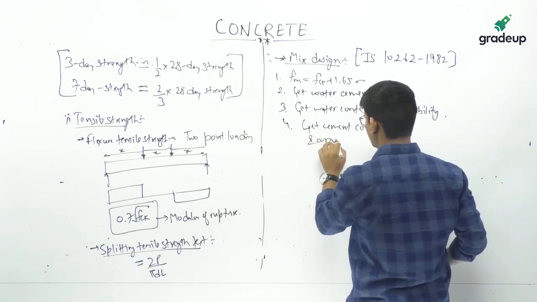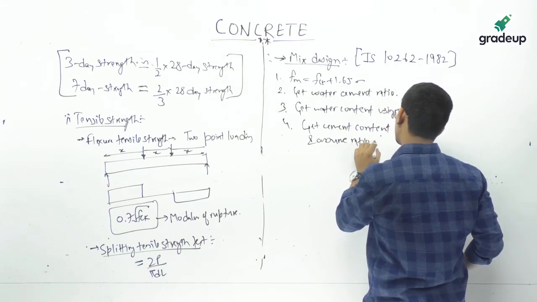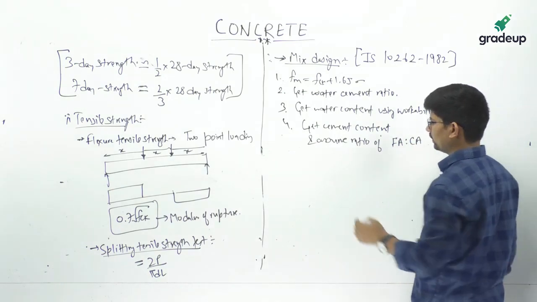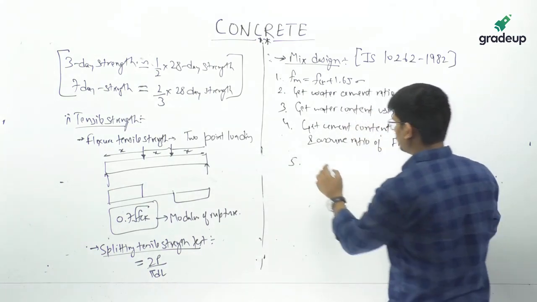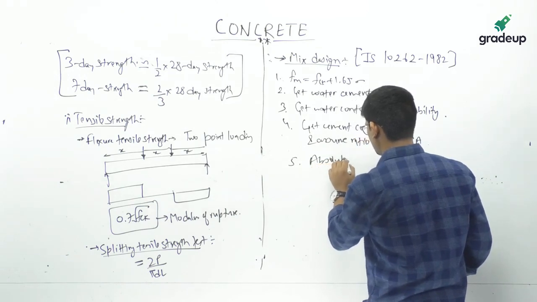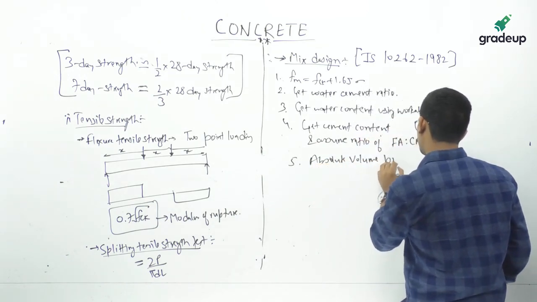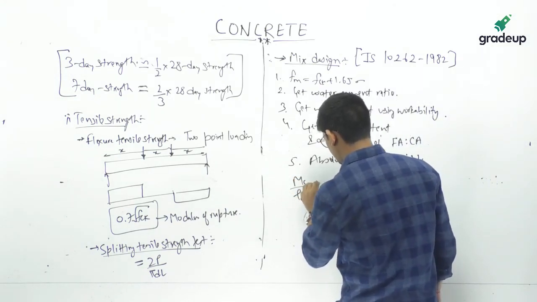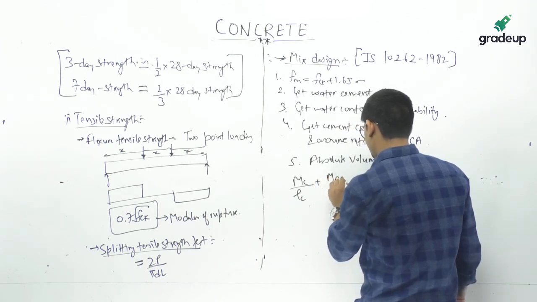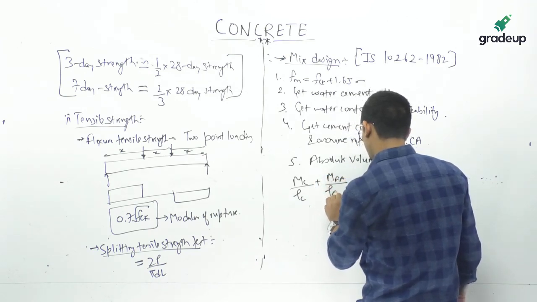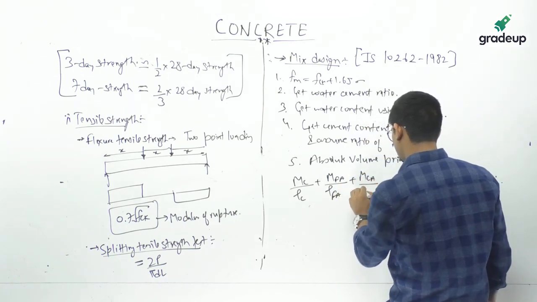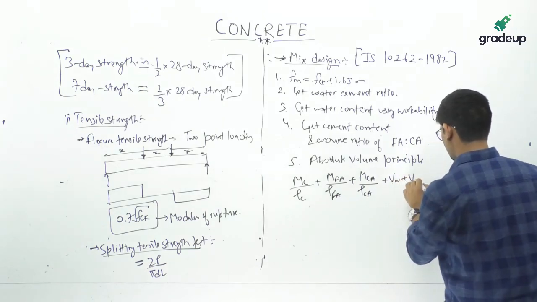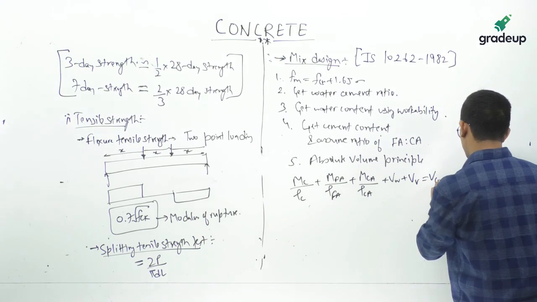And also assume the ratio of fine aggregate to coarse aggregate. Okay, and with the absolute volume principle, which states that mass of cement upon density of cement plus mass of fine aggregates upon rho of fine aggregates plus mass of coarse aggregate upon rho of coarse aggregate plus volume of water plus volume of voids is equal to volume of concrete.